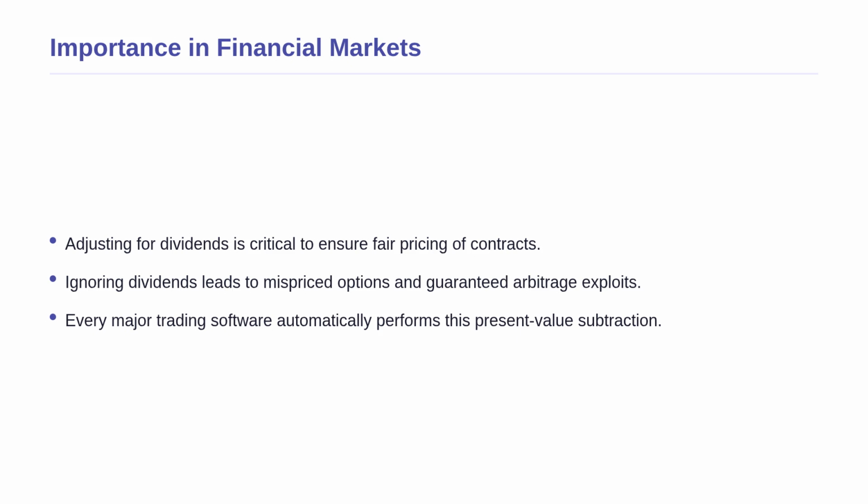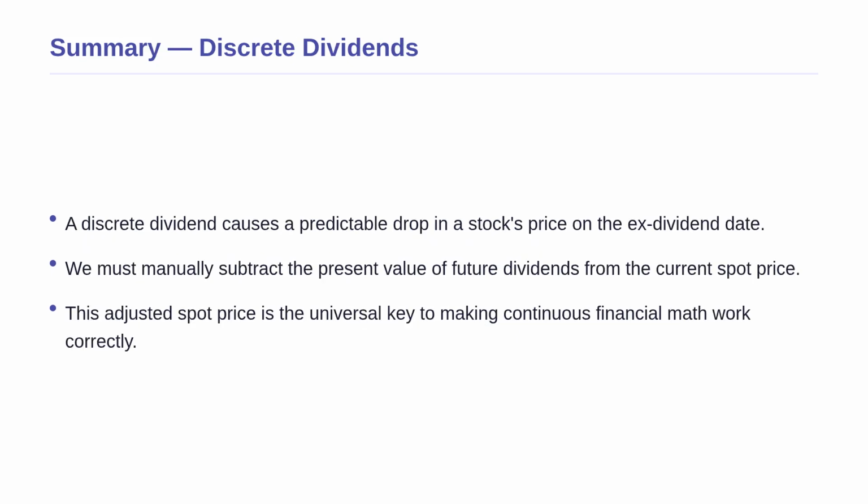In fact, every major trading software in the world automatically performs this exact present value subtraction before running any complex pricing algorithms. We have covered a lot of ground today, so let us review the key takeaways. First, remember that a discrete dividend causes a sudden, predictable drop in a stock's price on the ex-dividend date. Because standard financial models cannot handle these sudden jumps, we must manually remove the present value of these future dividends from the current stock price.